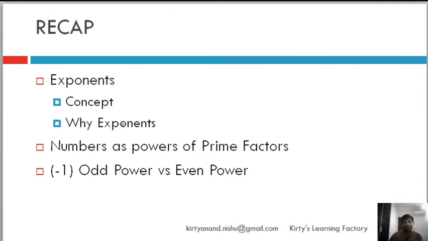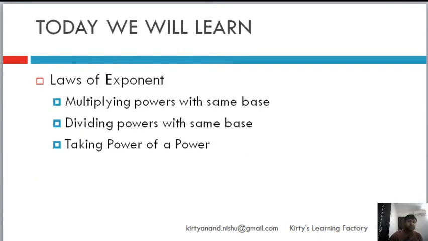And then we also drew a corollary from what we had already studied in integers, which is what happens when minus 1 is raised to an odd power versus minus 1 is raised to an even power, which is nothing but minus 1 multiplied an odd number of times and minus 1 multiplied an even number of times, which we covered under integers. Okay, so this is all that we studied in the last tutorial, and if you haven't studied, I'd request you to go and see that.